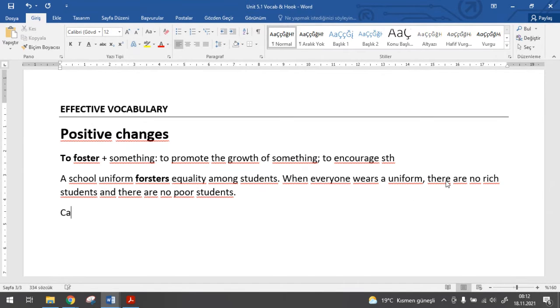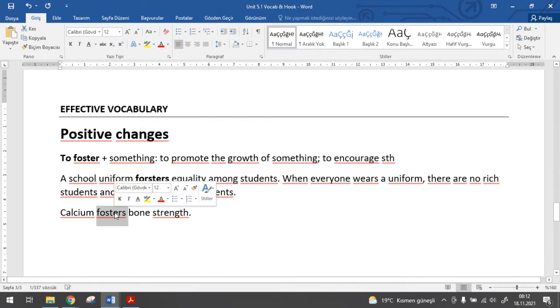Think about calcium. Calcium fosters bone strength. When you eat food with calcium in it, people believe that your bones become stronger.